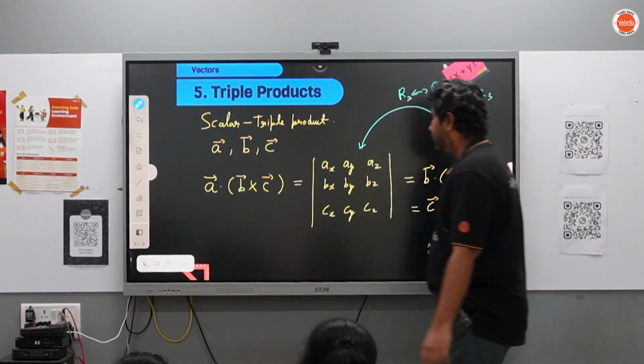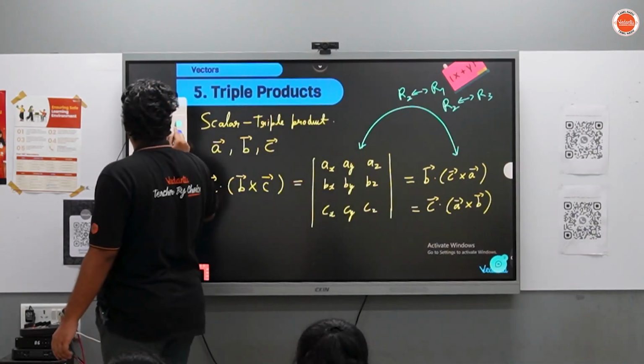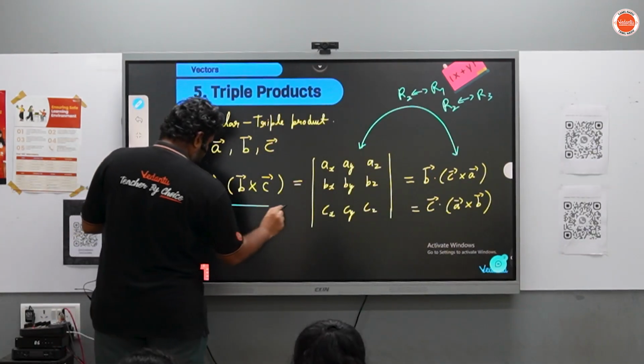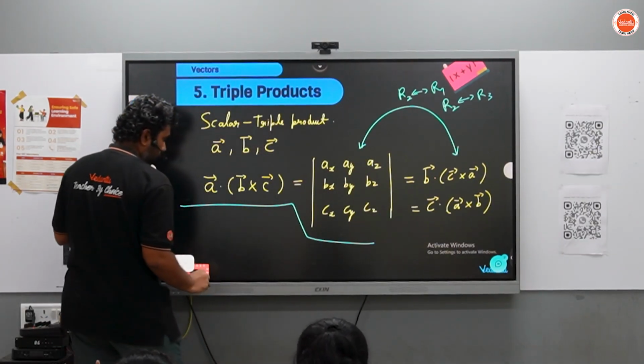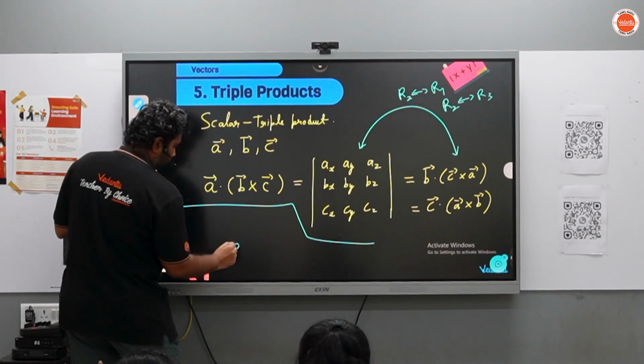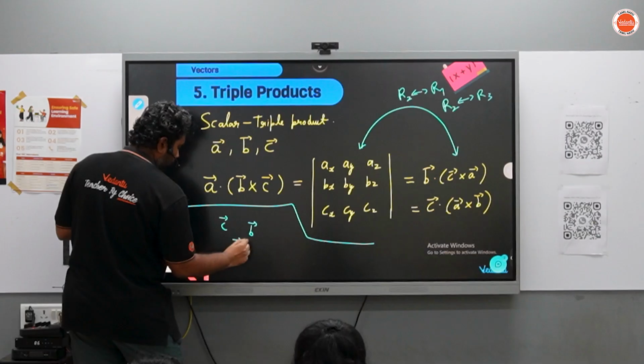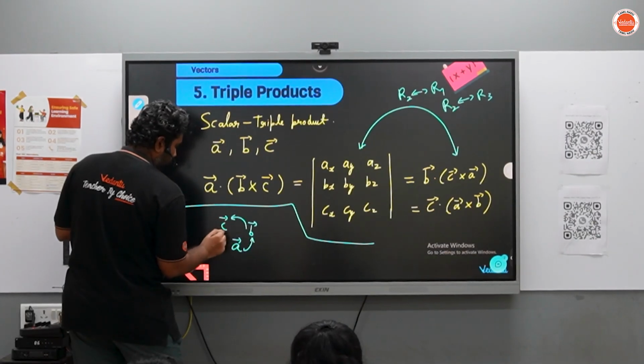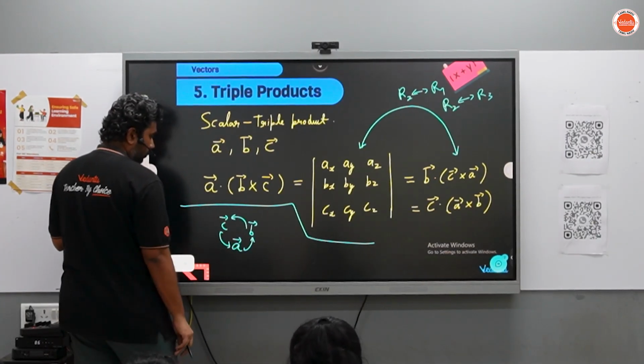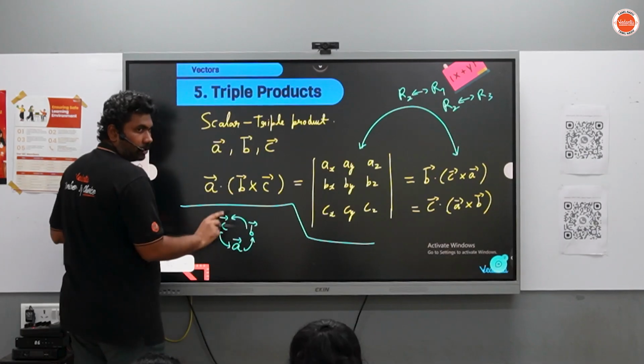And also, very importantly, it follows a cyclic order. If you take A, B, C, it will always follow a cyclic order.